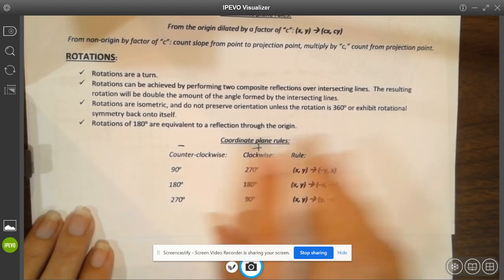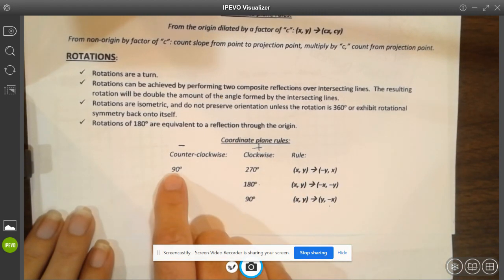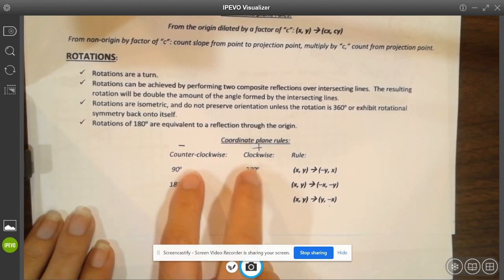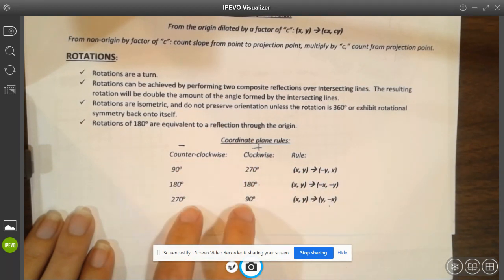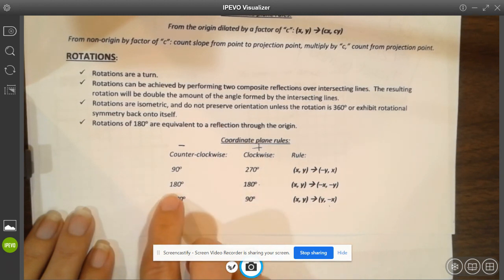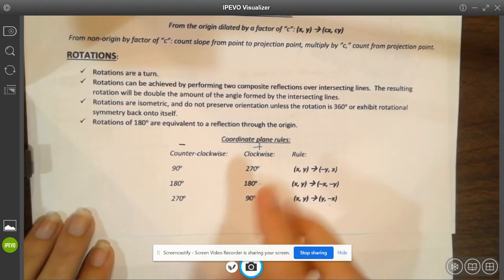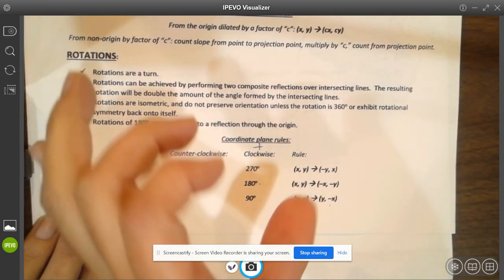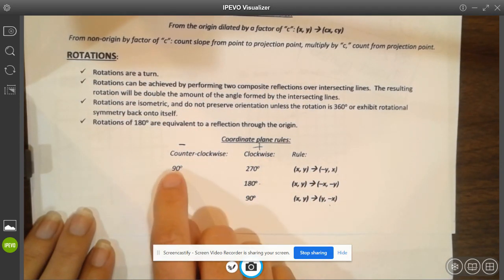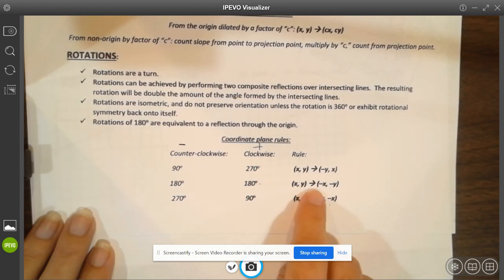So it's positive. Notice that some of these are the same rule. Like 180 is going to be the same rule counterclockwise or clockwise. So it's kind of a flip. It looks like a 180 flip. That's why they're the same rule, because it's a flip.